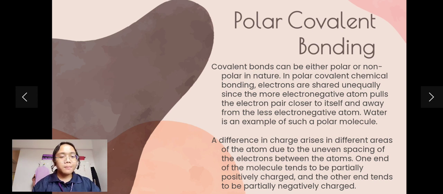Water is an example of such a polar molecule. A difference in charge arises in different areas of the atom due to the uneven spacing of the electrons between the atoms. One end of the molecule tends to be partially positively charged, and the other end tends to be partially negatively charged.